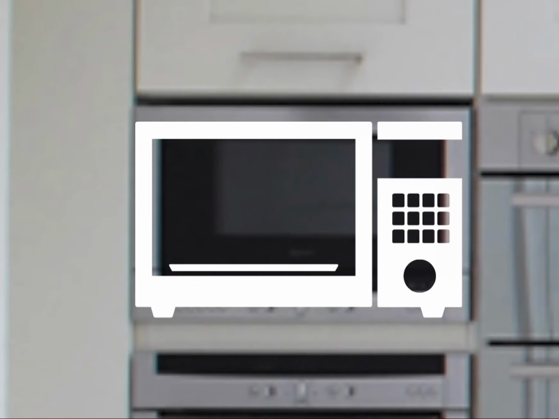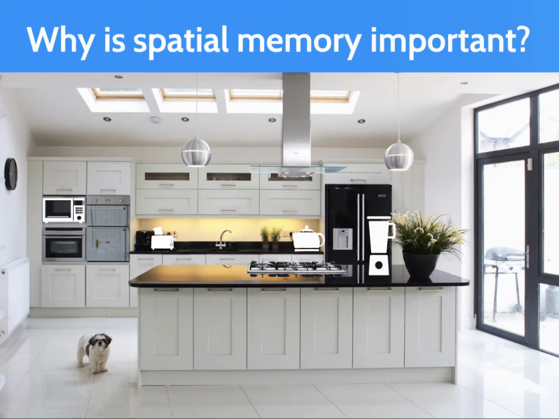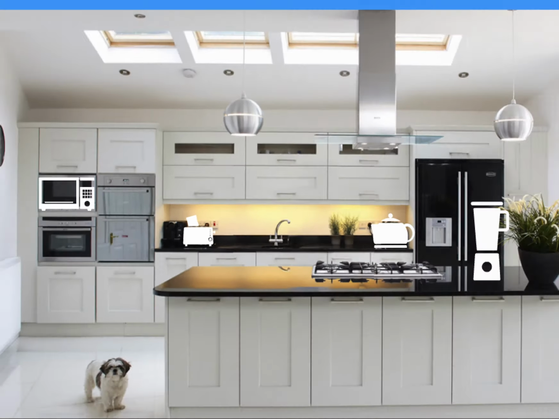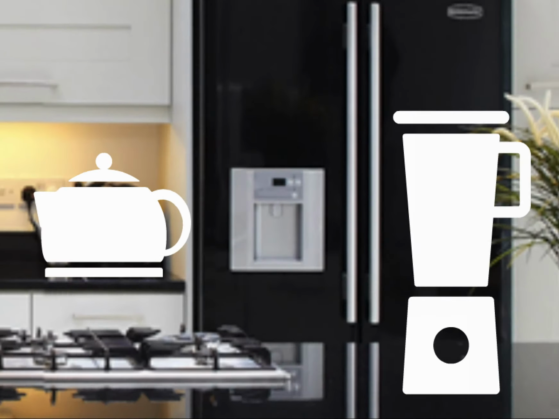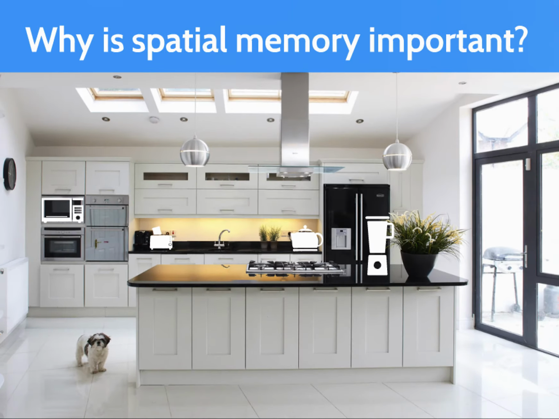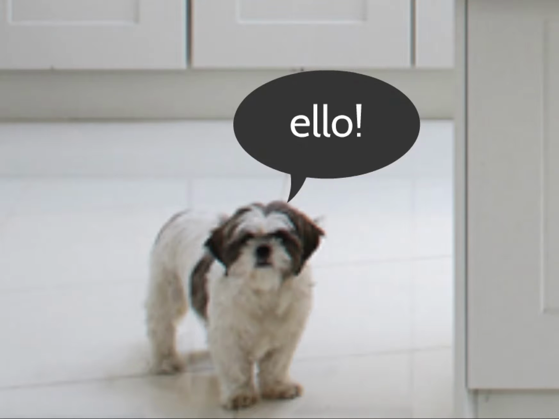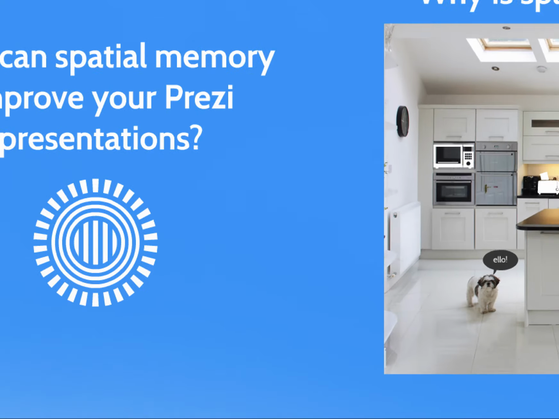We can zoom in on those electrical items and come back to our big picture, and again focus in and come back, and we can actually help them understand where those objects are in that space. And when we do that, we tap into their spatial memory. So really important. And of course we can zoom in on anything we want, any other little details that might be in our big picture within the Prezi canvas.